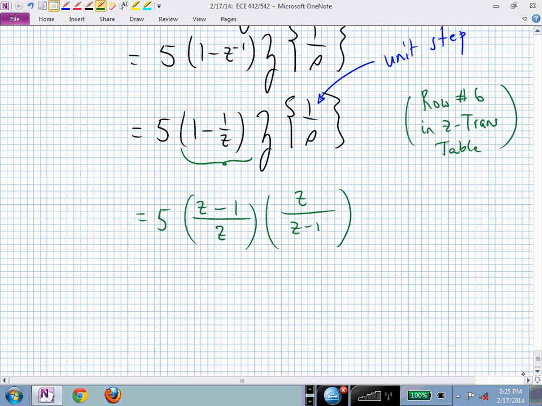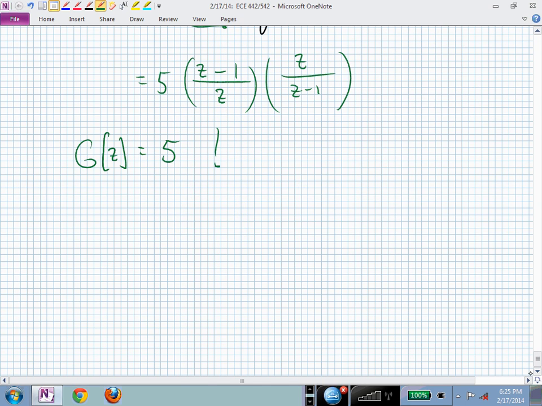So what happens when we find this capital G of Z when our plant G of S started out as a gain? We get a gain back. Seems to make sense, right? If we now have a gain in the analog system, we precede that gain with a zero-order hold. Oh, good. We get the same kind of system behavior in the discrete time case.